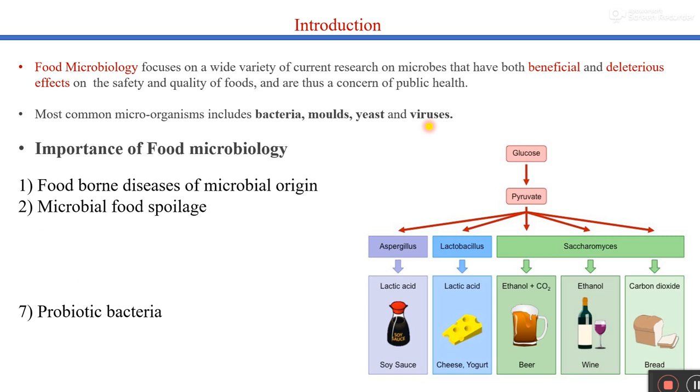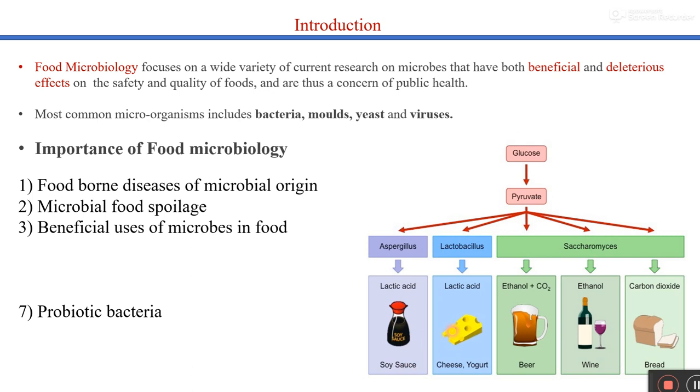Now, the third importance of food microbiology is that it also helps in studying the beneficial uses of microbes in food. Various microorganisms are essential for the production of food, such as beer, bread, yogurt, wine, and other fermented foods.